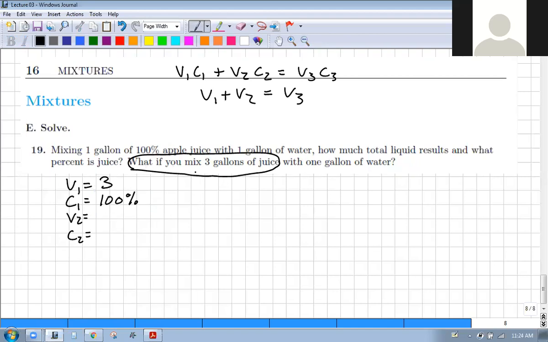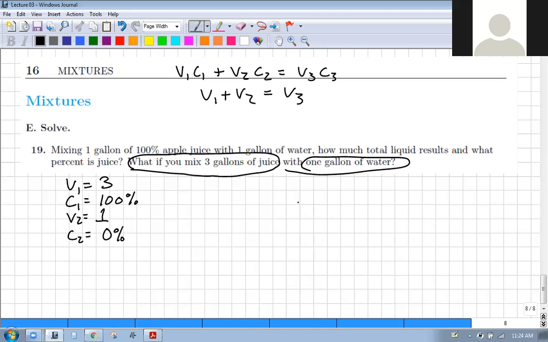They didn't give me a concentration, so I'm assuming that when they say 3 gallons of juice, they mean it's 100% juice. We're mixing that with 1 gallon of water. That's our second liquid, and water is 0% juice.